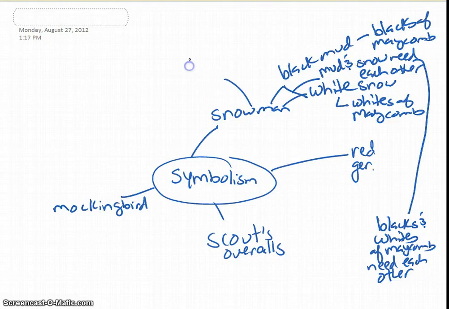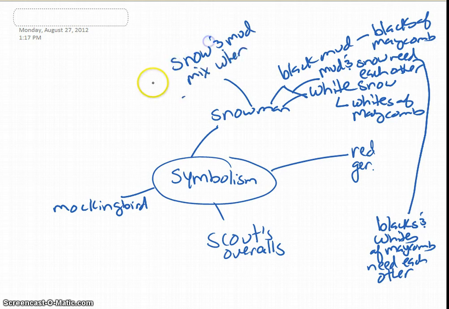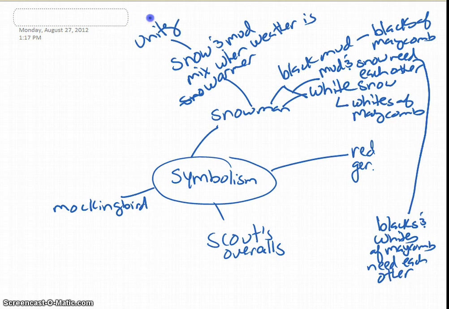Okay, so snow and mud mix when snow melts, or when weather gets warmer. And this is creating the unity. Okay, now I want to think for a minute about the mockingbird and how it represents innocence.